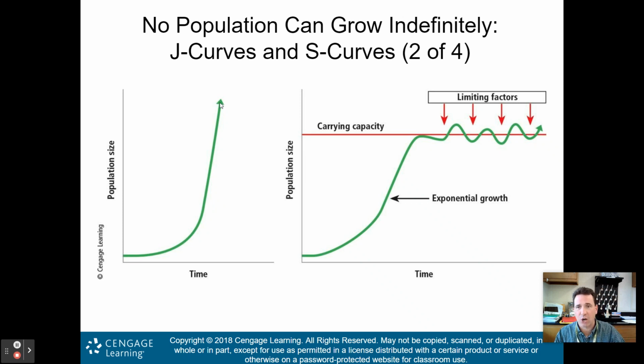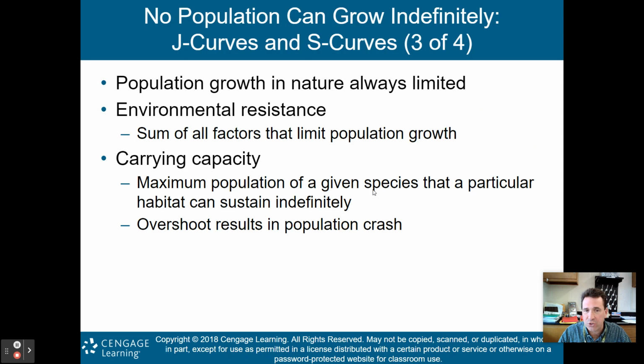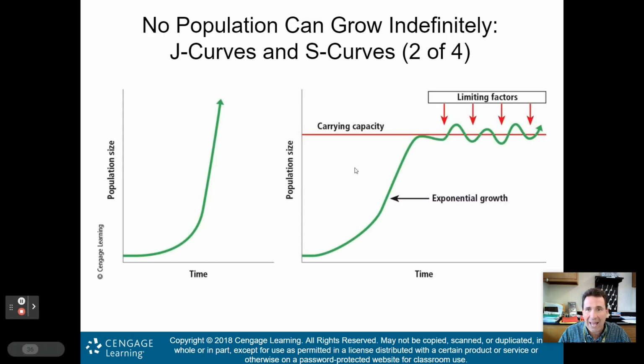The other type of curve we have is called an S curve, and this is when population is growing logistically. What happens in an S curve is you have a population that begins to grow, right? It has all these resources, so it starts to grow exponentially, but then it reaches the carrying capacity, or these limiting factors of resources that limit how large the population can grow.